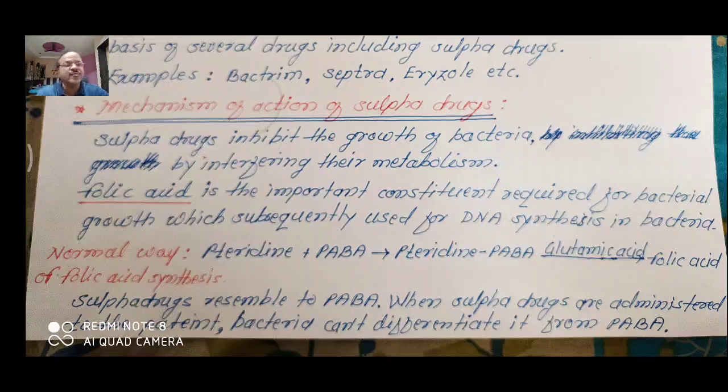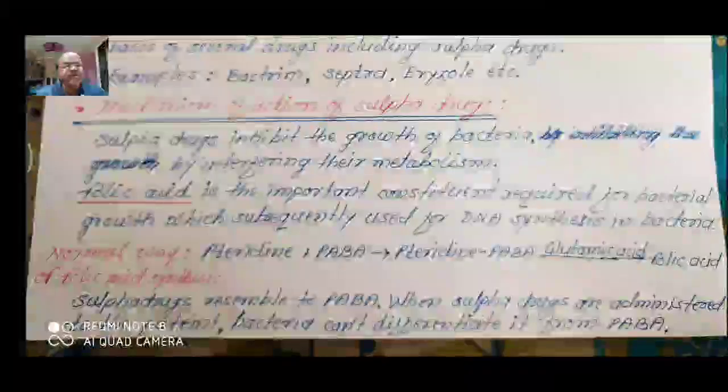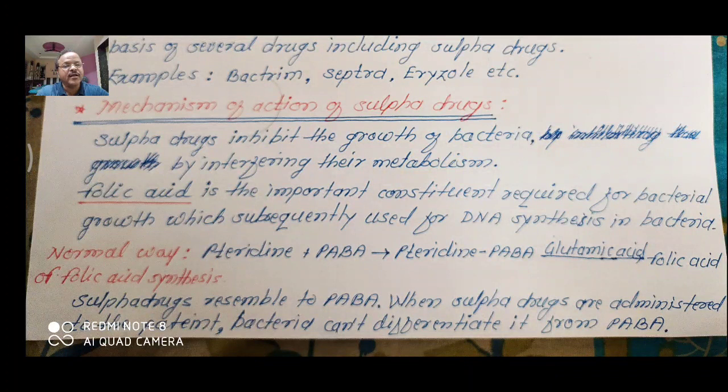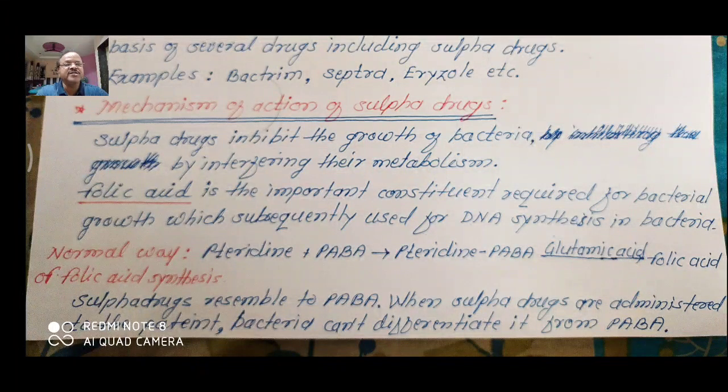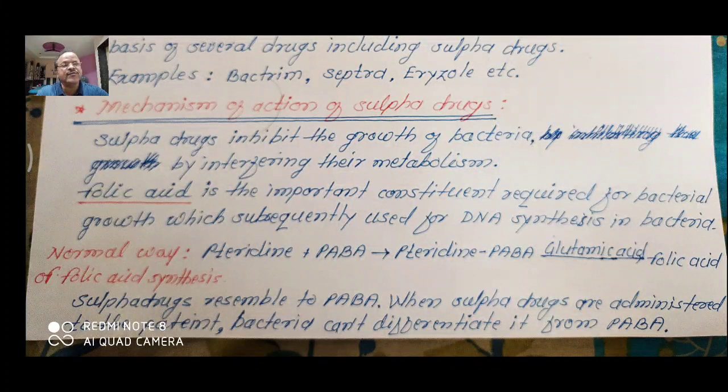Sulfa drugs are not useful for bacteria, but PABA is useful for bacteria. But here sulfa drugs and PABA look similar, and because of this the bacteria take sulfa drugs by considering them as PABA, and that disturbs their metabolism, and there will not be synthesis of folic acid.